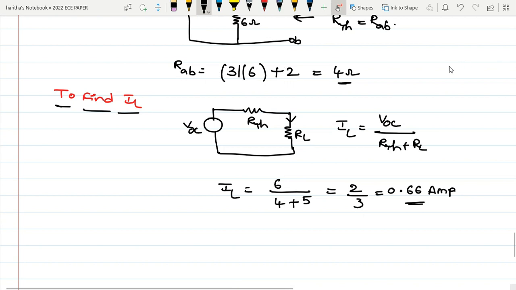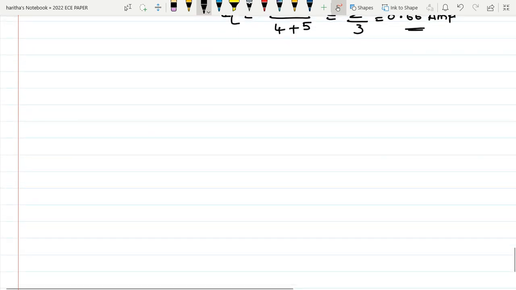Coming to the next problem. 11th question 2B. The question given was: find the current flowing through the 20 ohm resistor using the superposition theorem.